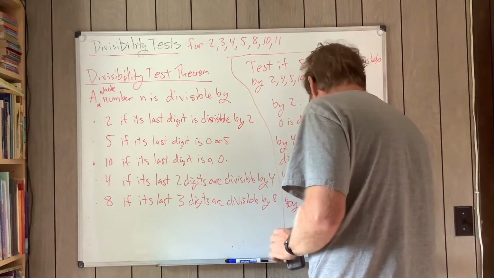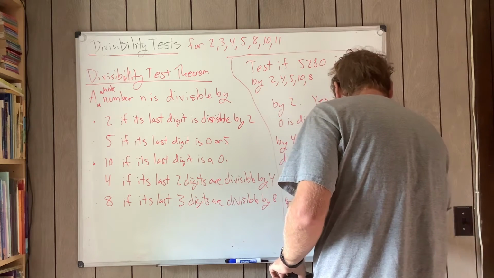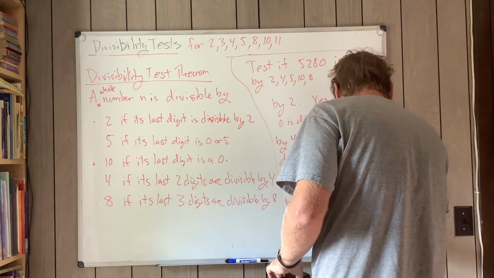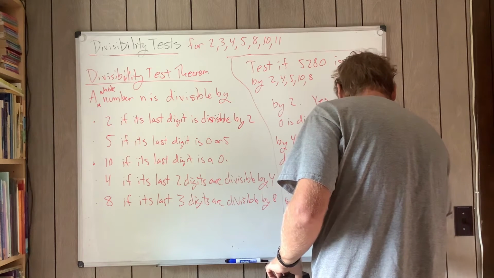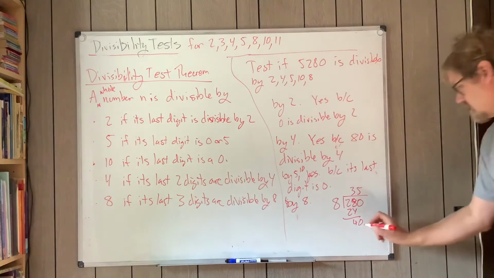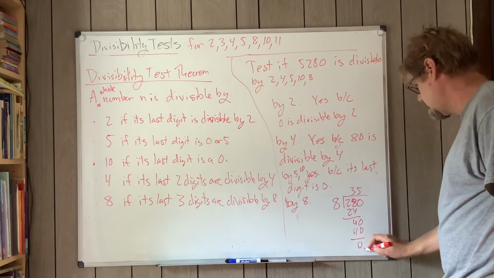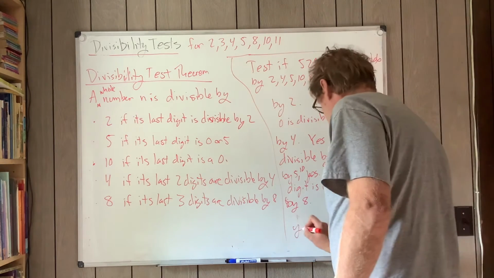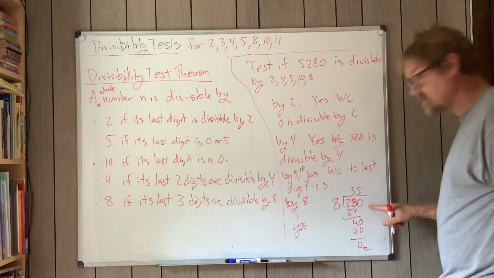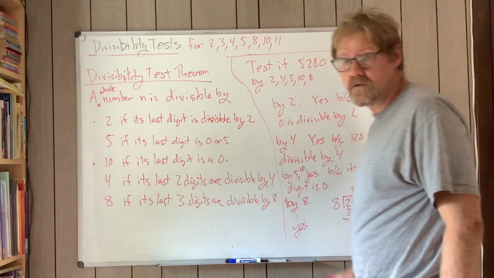Let me do a quick little long division. 280 divided by 8 is 35, and the remainder is 0, and that's key. So yes, because the last 3 digits are also divisible by 8.